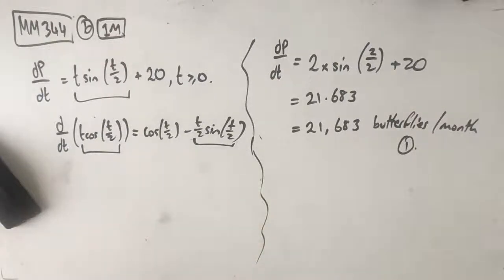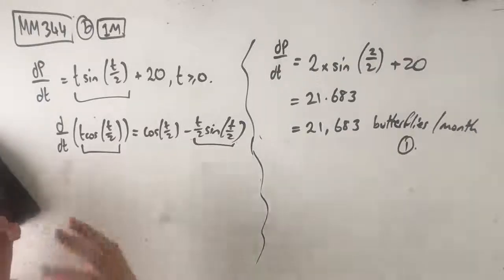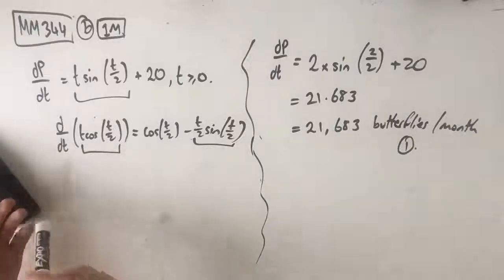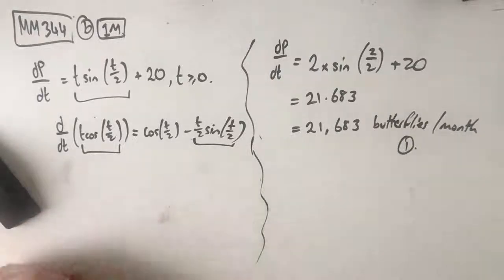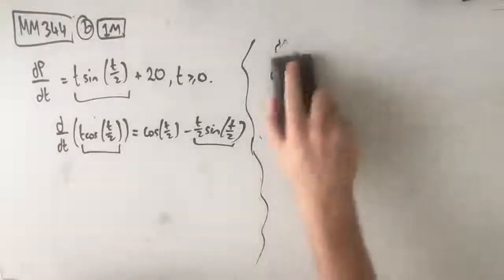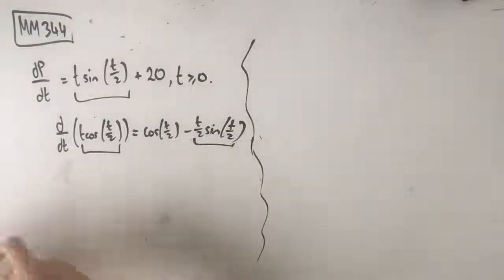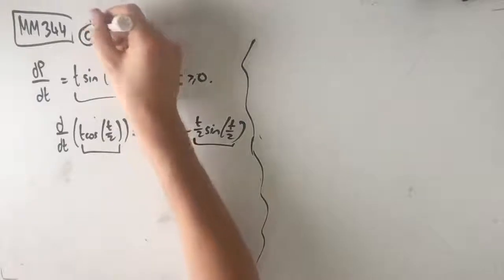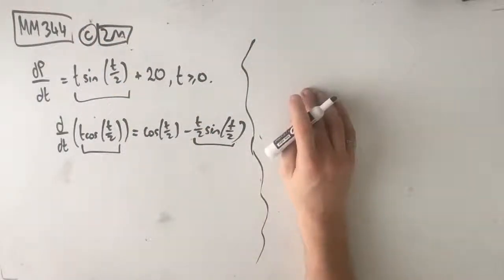Let's move on to part C. Part C is a 2-mark question, and says the population starts decreasing for the first time between t equals a and t equals b.